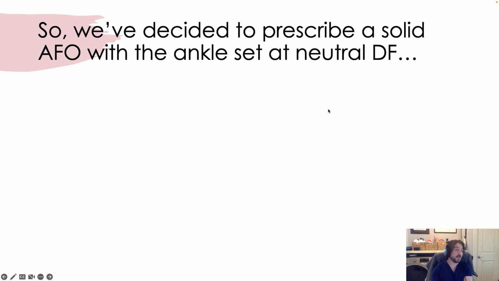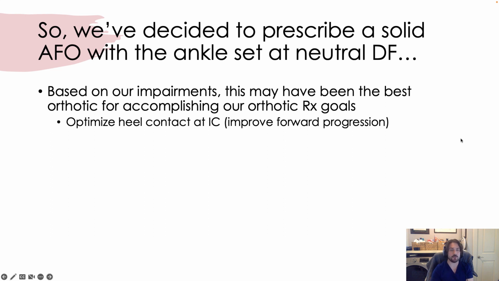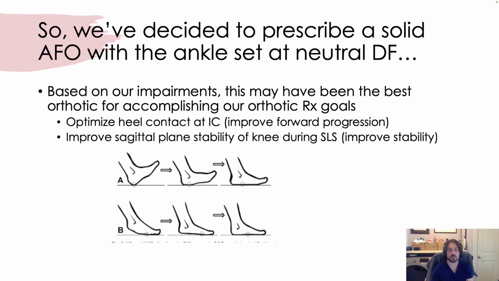All right, so when we've decided to give them this orthotic, we did it for a reason. It could have been the best orthotic for accomplishing our orthotic goals. Maybe we wanted to optimize their heel contact at our initial contact. That helps them improve their forward progression.